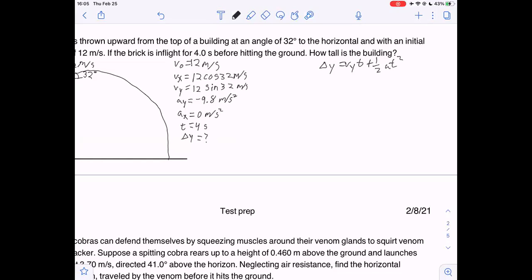So velocity in the y direction, when you put this in your calculator, put parentheses around it just to make sure it calculates first, is 12 sine 32 times 4 plus 1/2 times negative 9.8 times 4 squared. All that is equal to our delta y.